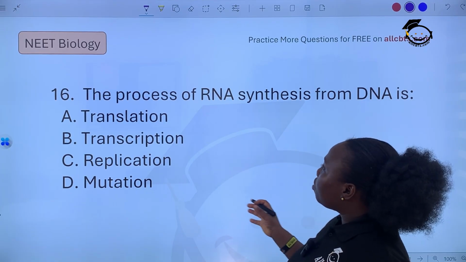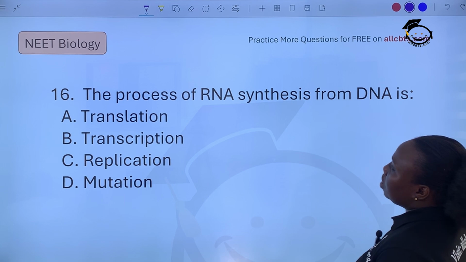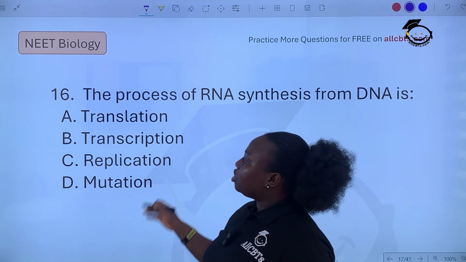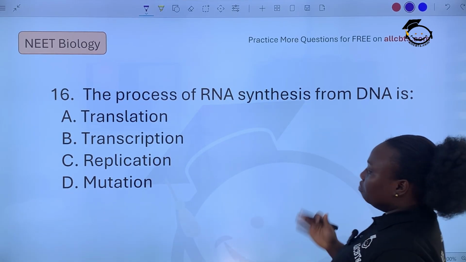Number 16. The process of RNA synthesis from DNA is what? A. Translation, B. Transcription, C. Replication, and D. Mutation.